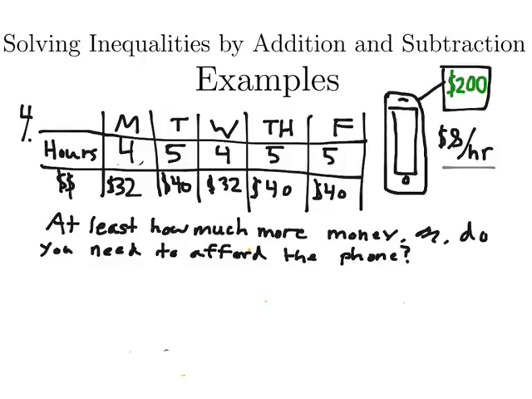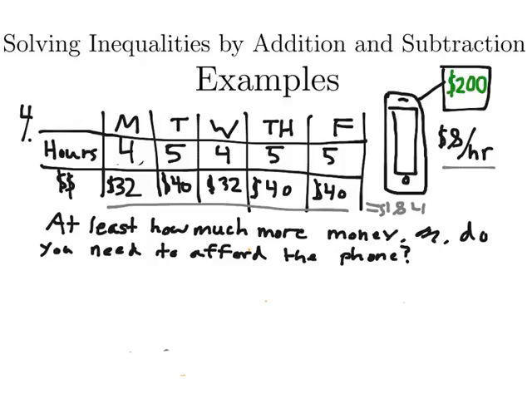We want to find out at least how much more money we need, M, to afford the phone. So we start by adding up everything you've already made. So that's 32 plus 40 plus 32 plus 40 plus 40, which is going to be equal to $184.